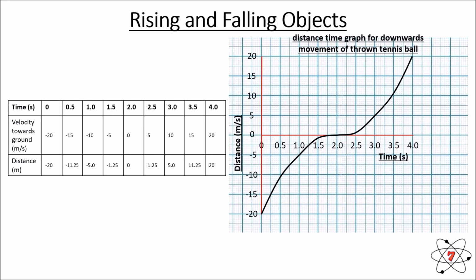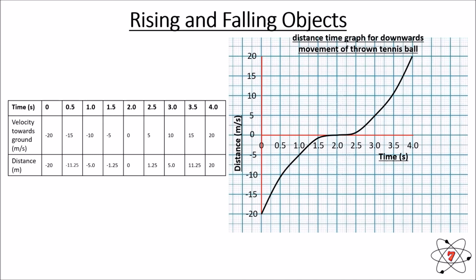Now we can see again that downwards movement is constantly increasing because the ball is being pulled downwards at all times by gravity. But we can see that at 2 seconds, where the ball reaches its peak, there is no movement in any direction because the ball has stopped moving. It is stationary for a very brief period of time before being pulled back downwards.